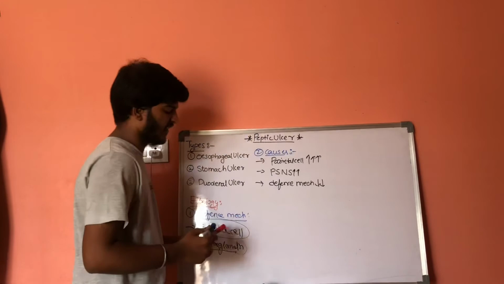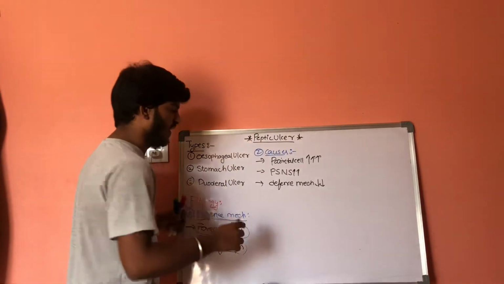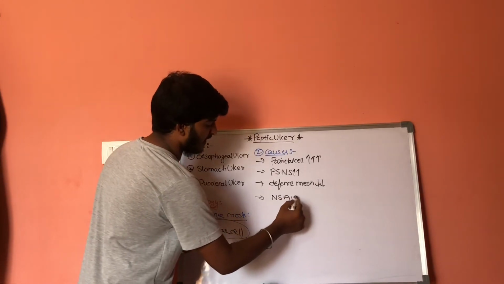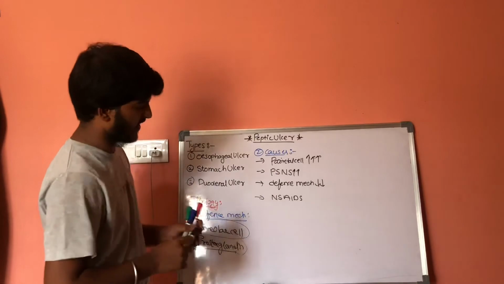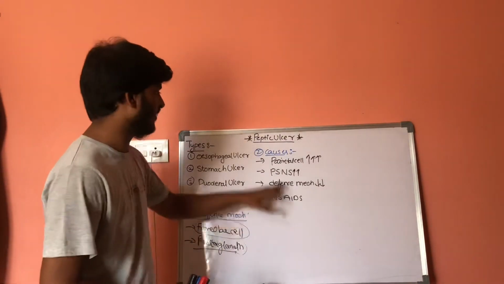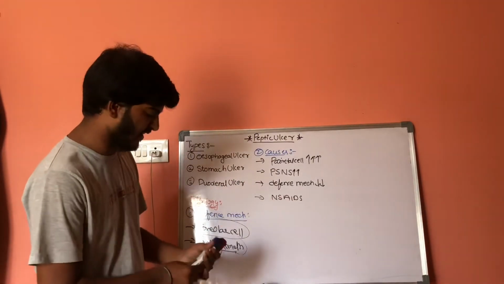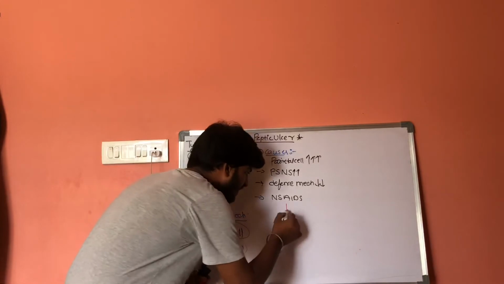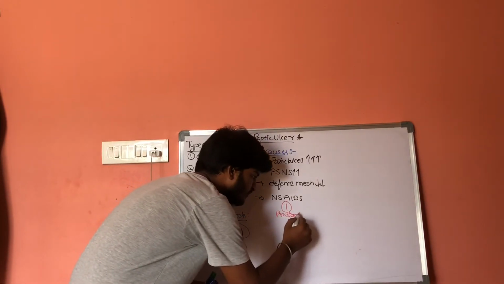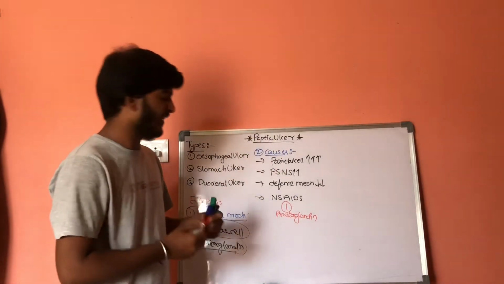There is a decrease in the defense mechanism. The next cause, one more important cause, is usage of non-steroidal anti-inflammatory drugs. How do these non-steroidal anti-inflammatory drugs result in peptic ulcer? These drugs inhibit the prostaglandins, for example intake of aspirin.